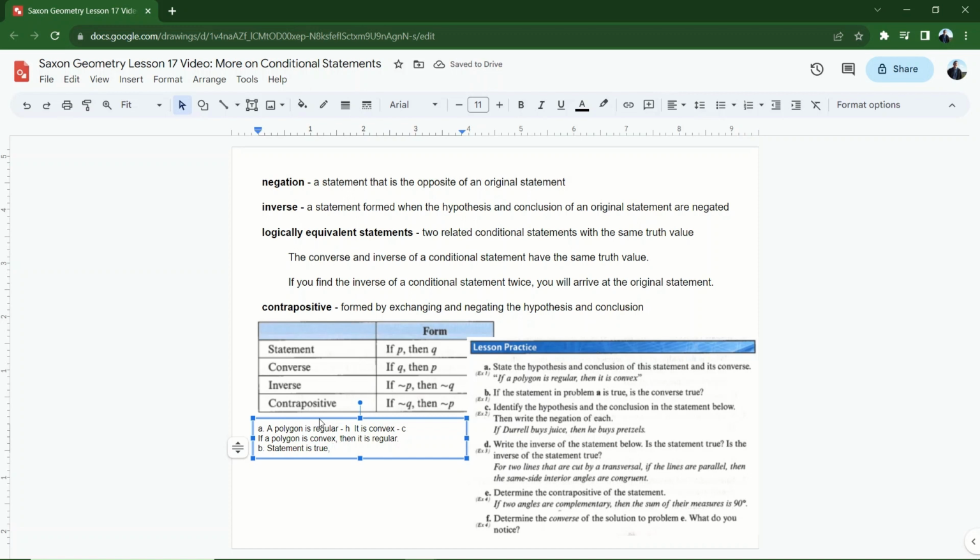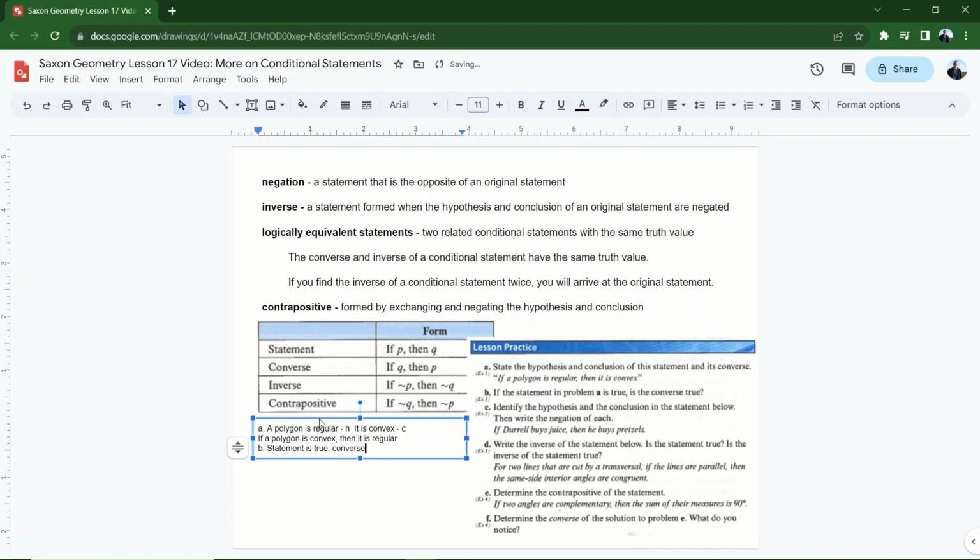Some of the angles would have to be different, and it can't be regular unless it's equiangular and equilateral. It could be concave and equilateral, but it can't be equiangular if some of the angles are such that there's a diagonal that passes outside. So the first statement is true.